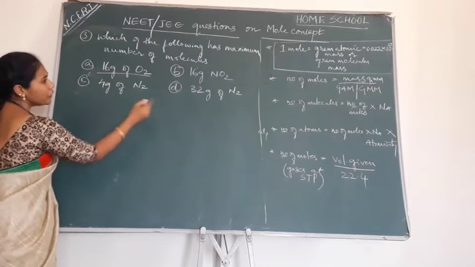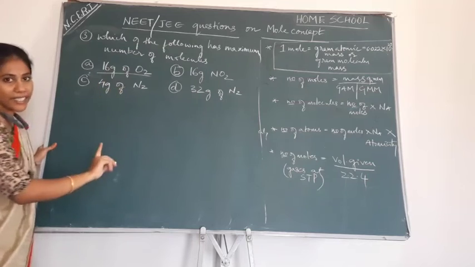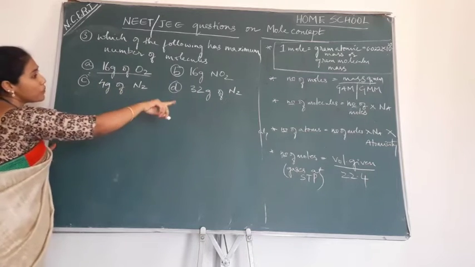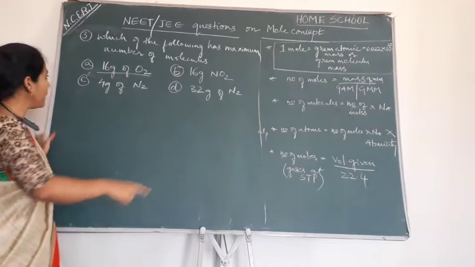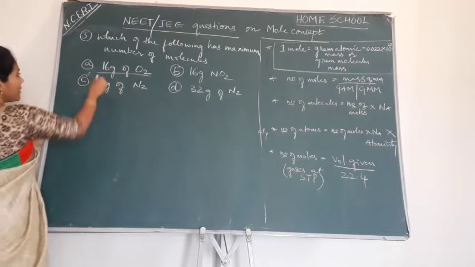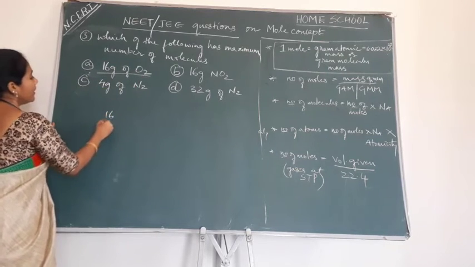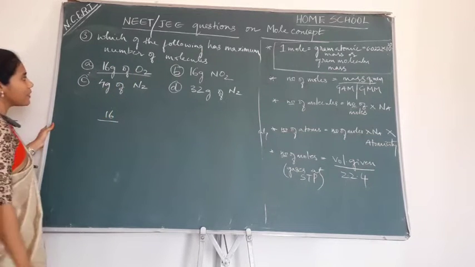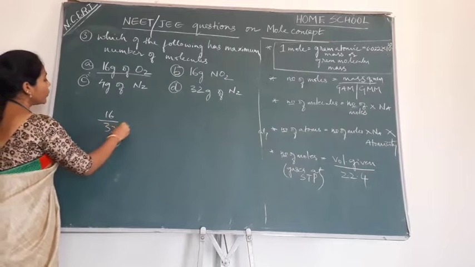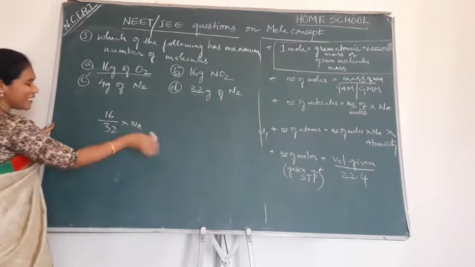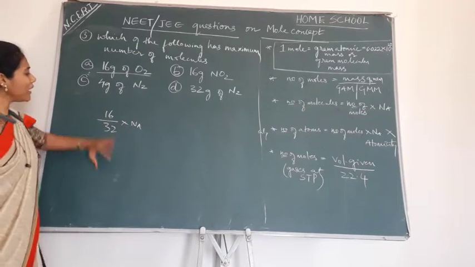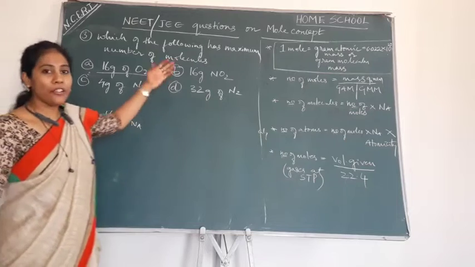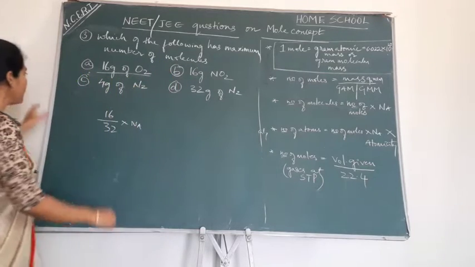And you know, number of moles they didn't give directly in the question, right? So number of moles is again mass divided by gram molecular mass. Mass is 16 divided by molecular mass of oxygen, 32, into Na. You need not calculate fully. Just write it down, compare, see the maximum value, pick the answer. Okay, fine.